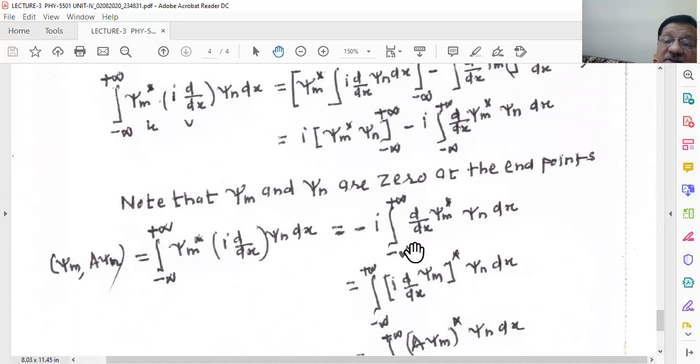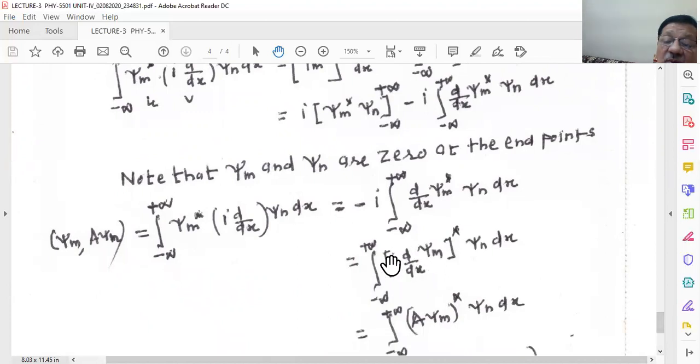So I can combine this unit i d by dx of psi m, and it is a complex conjugate because ultimately this i star will give you minus i. So this minus i is combined with d by dx operating on psi m star. This is the complete complex conjugate of this, and this gives you psi n dx. And i d by dx is your operator A, so it is A operating on psi m star, psi n dx.